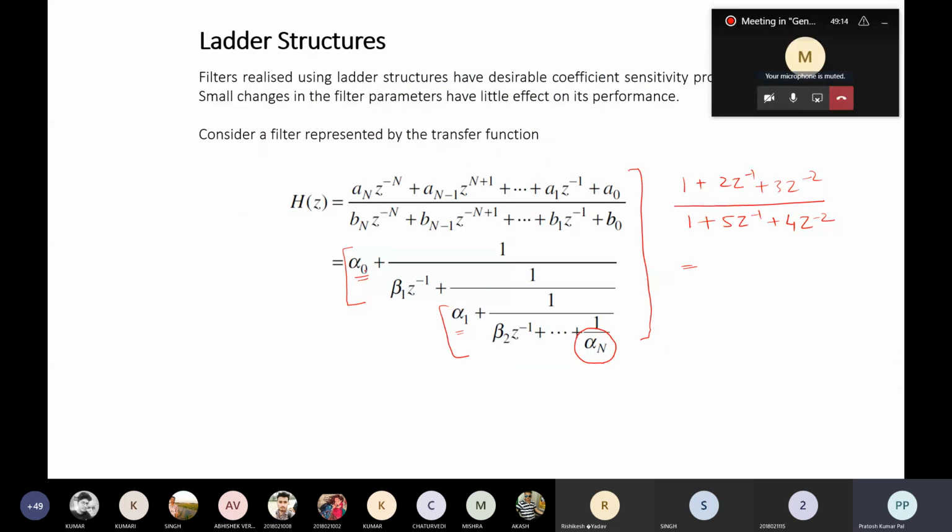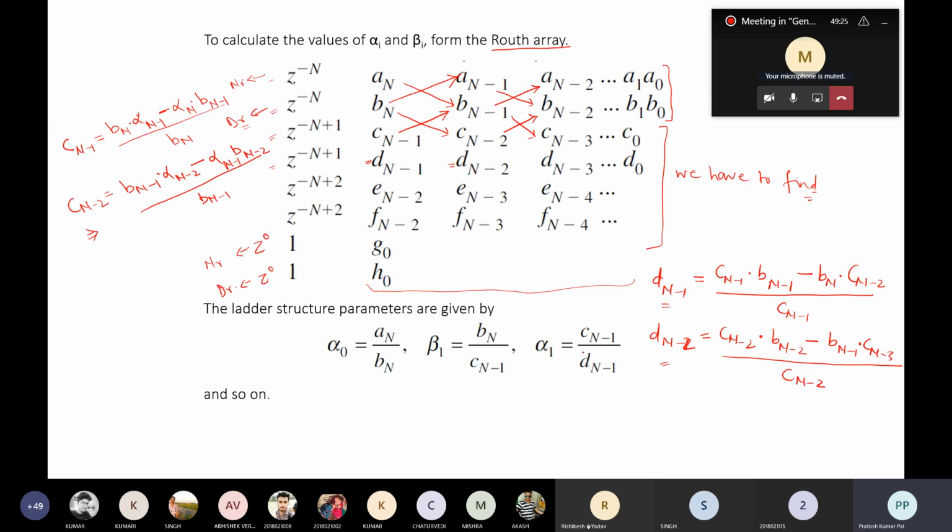Whatever structure is there, what is the alpha naught value? We need to finally find alpha naught, beta 1, alpha 1, beta 2, and similarly alpha 2, beta 3, and keep on finding. Those values will be directly given by the first column values.